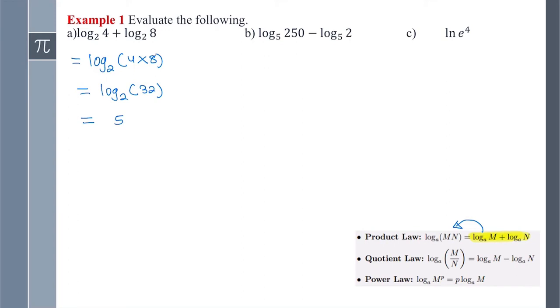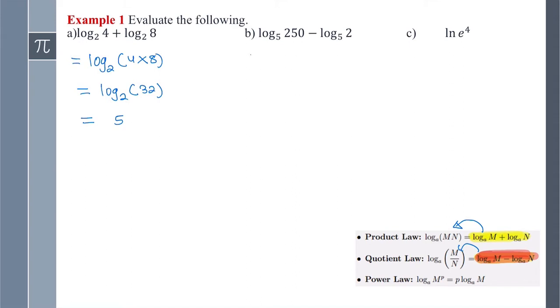Now, in the second one, we have log base 5 of 250 minus log base 5 of 2, so it looks like the quotient law. We can change that difference into a quotient.